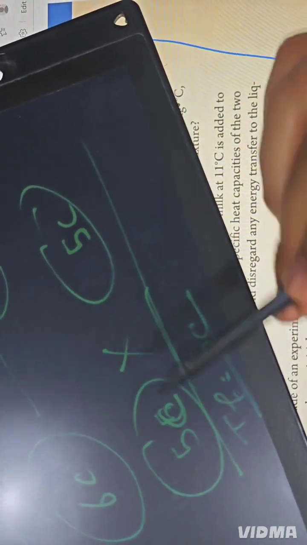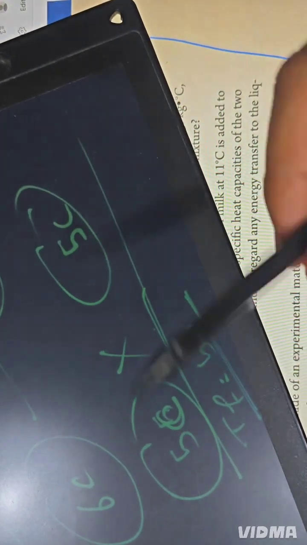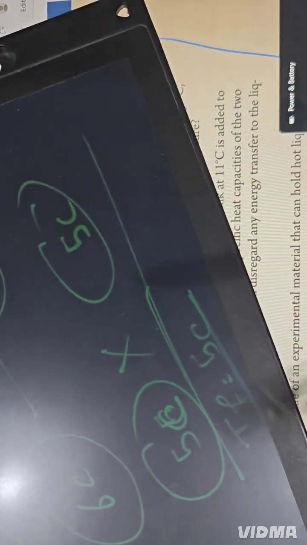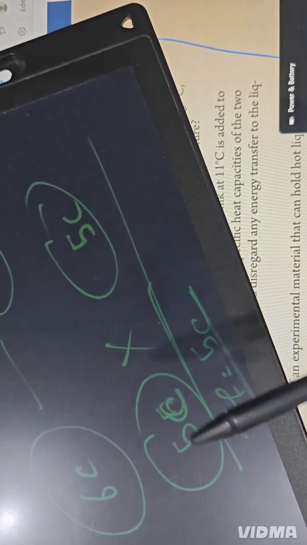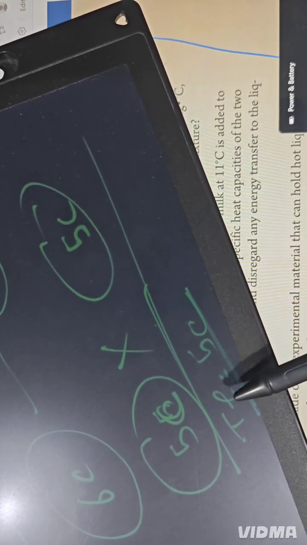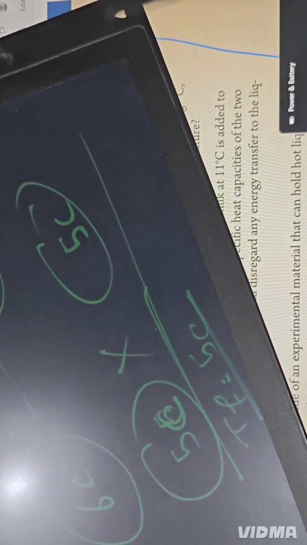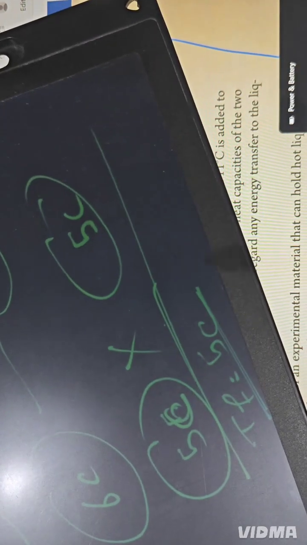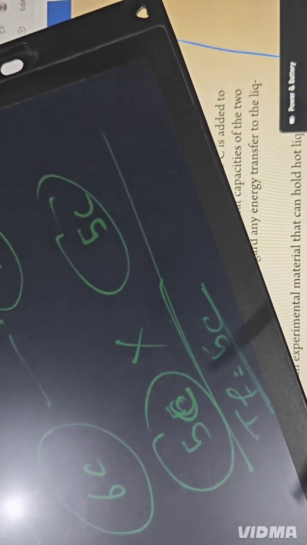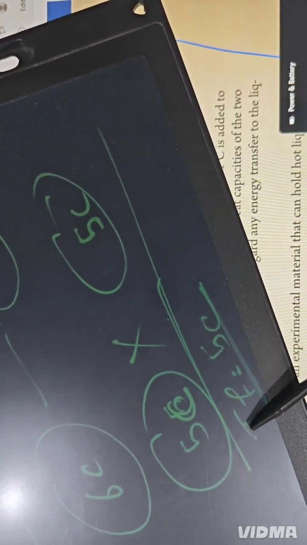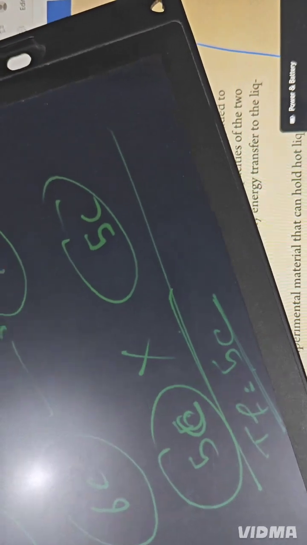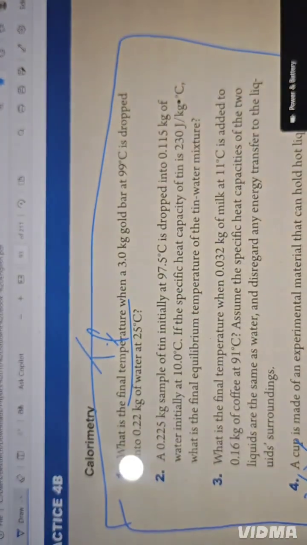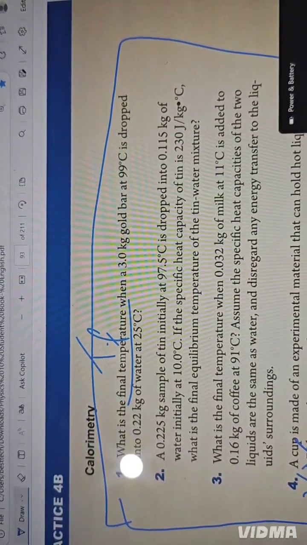This is the final temperature for both, because both of the containers have the same, identical temperature. Okay, so now we are going to solve the first example.